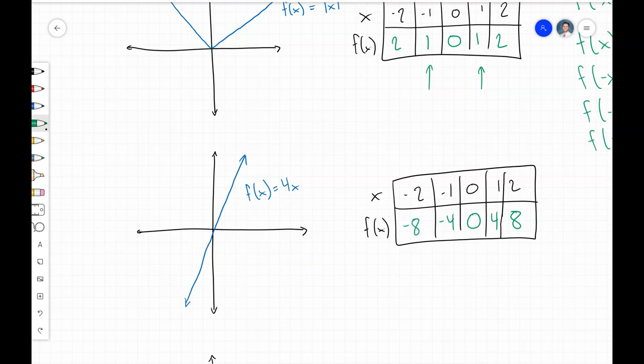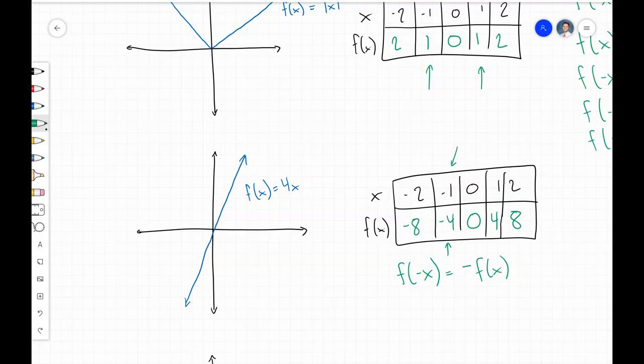And so, algebraically, what we say with an odd function is that f of negative x equals negative f of x. And again, it can get confusing looking at this function notation, but all that's saying is when I take the negative version of an x value, I get the negative version of its output, of its f of x value.